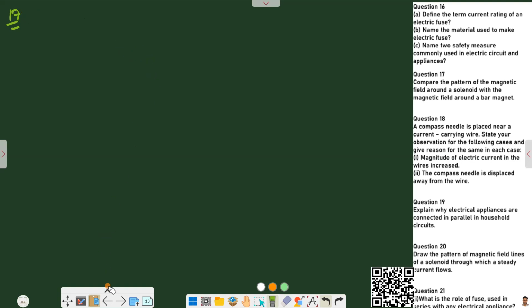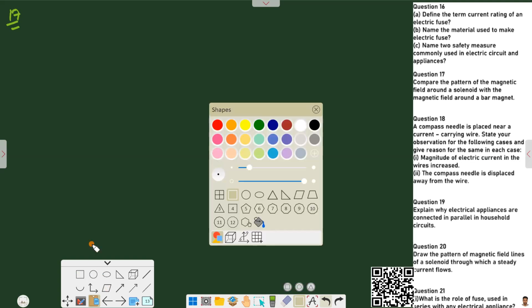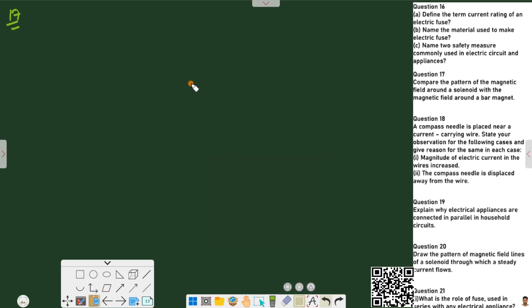Suppose we have a bar magnet. This is the north pole and this is its south pole. Then there will be magnetic field lines. We'll be using only two magnetic field lines so that we can represent them neatly and cleanly.